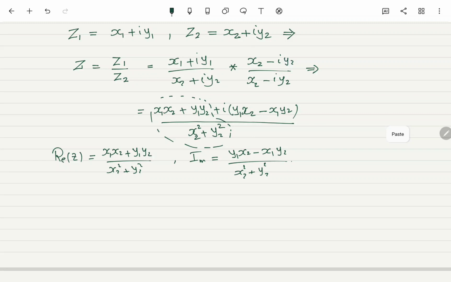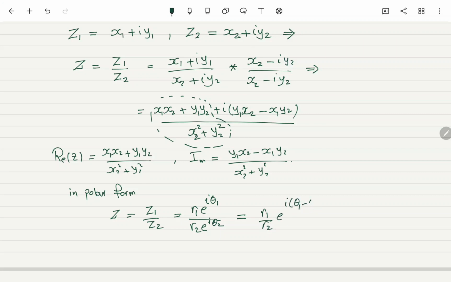But if we would like to perform this division in polar form, then z equals z1 over z2, which equals r1 e to the i theta 1 over r2 e to the i theta 2, or r1 over r2 times e to the i (theta 1 minus theta 2).